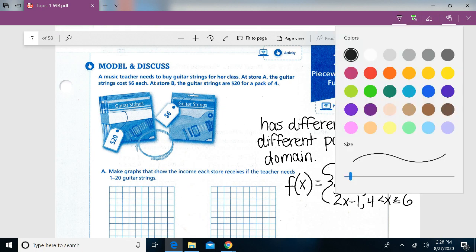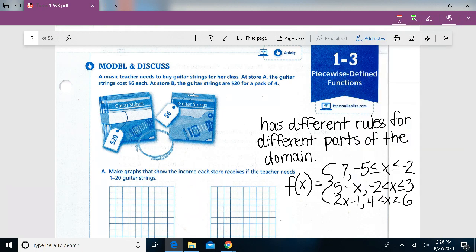This piecewise function is actually broken up into 3 different pieces. The first line is one piece, the second line is another, and the third line is another. It's a different formula for each part of the domain.